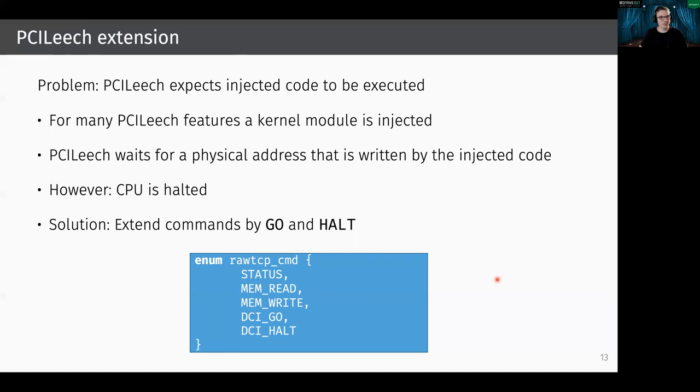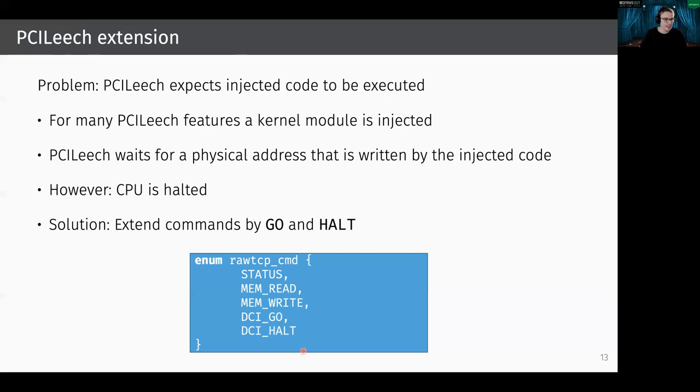However, when we use DCILeech or DCI, we hold the CPU. So first, the CPU does not run. So basically, PCILeech is then waiting forever. And for this reason, we extended PCILeech by 2 commands. So here, DCI go and DCI hold.